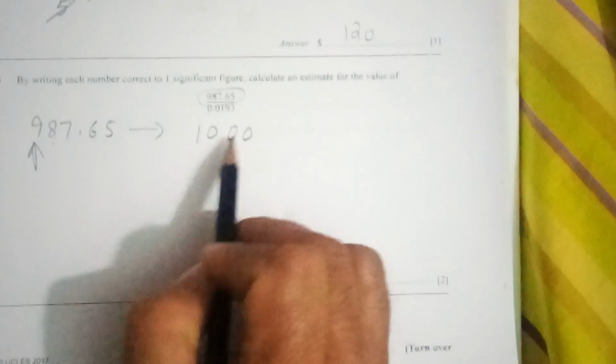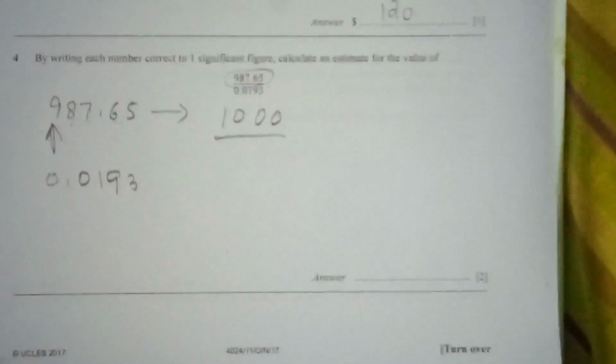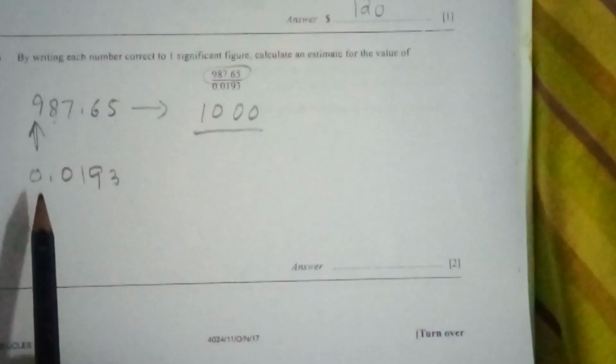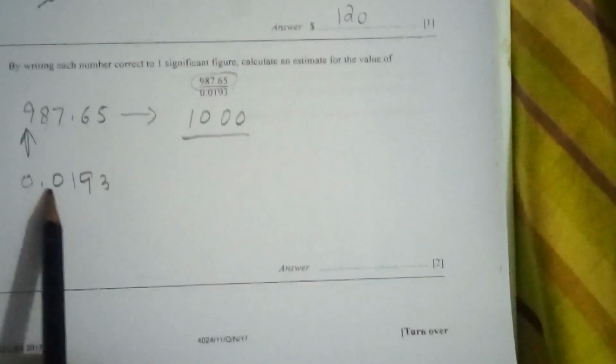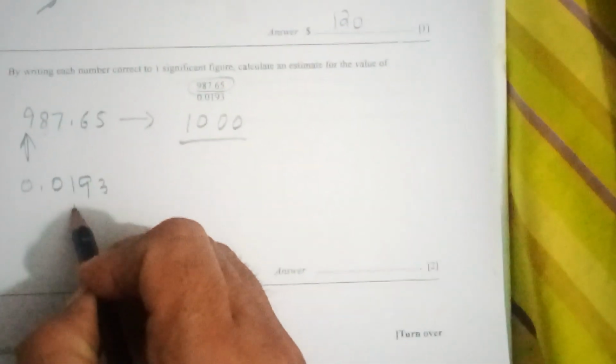It will become 1000 divided by the second number, which is in the denominator, 0.0193. I hope you know that these zeros are not considered significant figures. So this is our first significant figure.